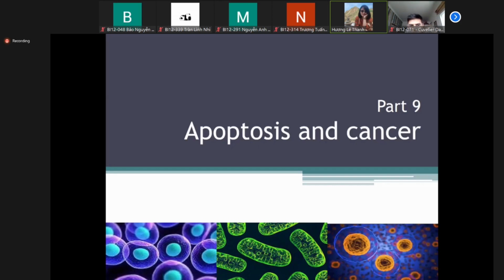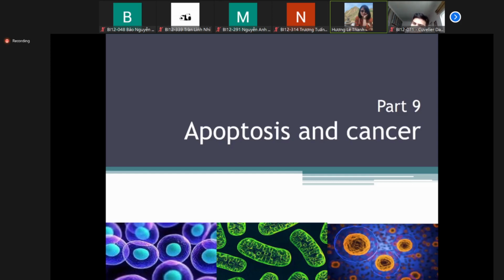And also during the cell cycle, if at any checkpoint we discover DNA damage that is unfixable, the cell needs to go to apoptosis also.